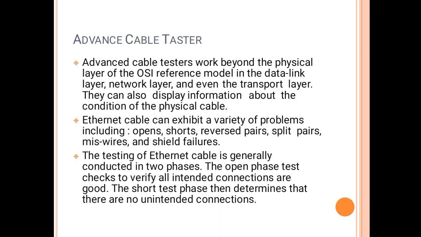So which type of problem occurs in our system? And whenever this type of problem occurs in a system, how can we solve it using an advanced cable tester? Here, open wires, short circuit wires, reversed pair wires, split pair wires, miswires, and cable failure are the problems that occur in our system, and we can solve them using an advanced cable tester.